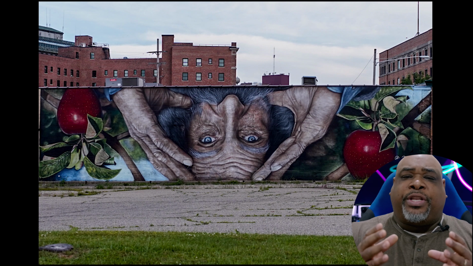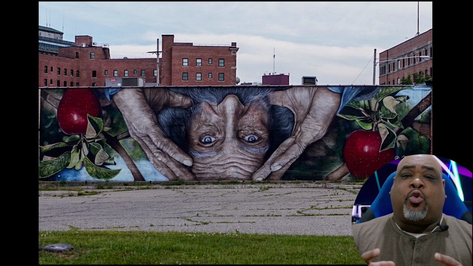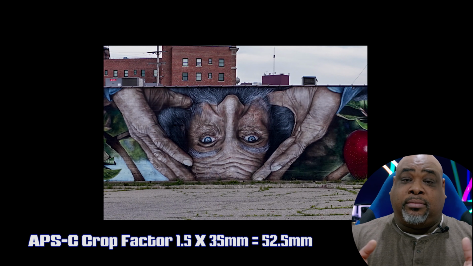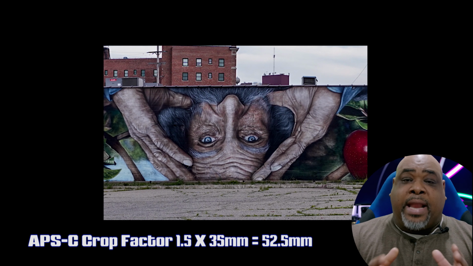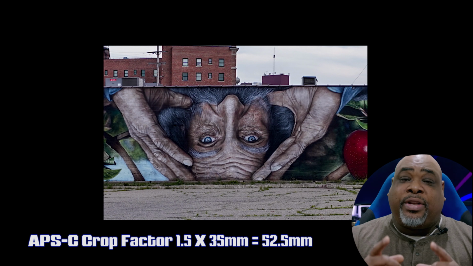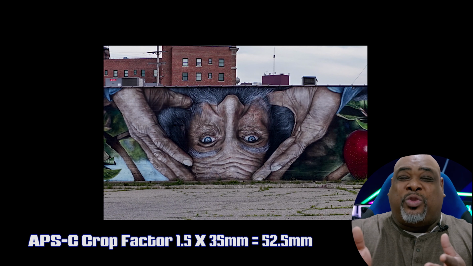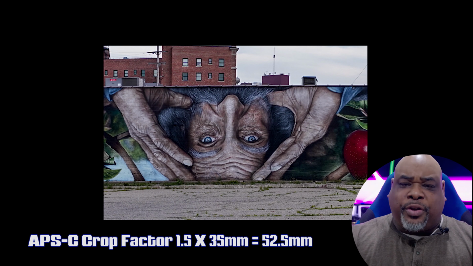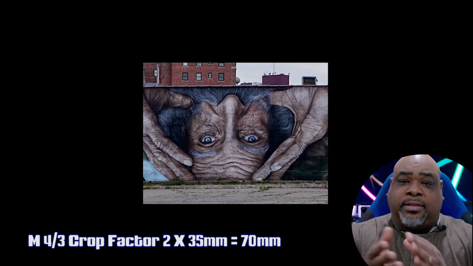So if you were to actually use that same 35mm lens on an APS-C, you would crop down to this size. Now, if you were to use that same 35mm lens on a 2x crop, which would normally be a micro four thirds sensor, then it will look like this.